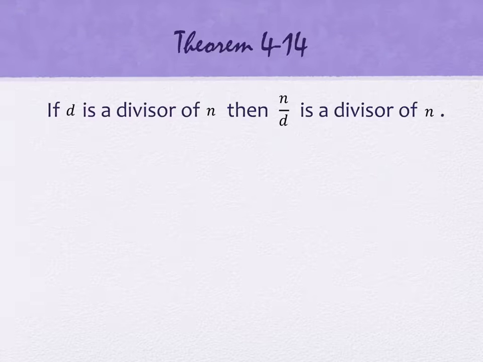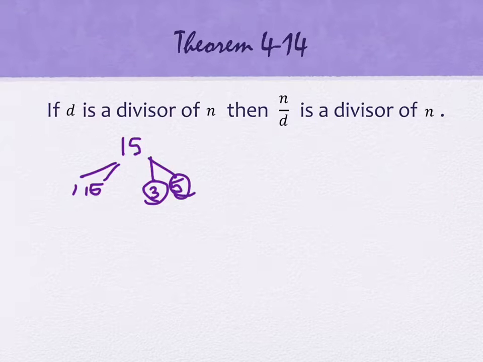So if I had the number 15, I can break it down so that it's 1 and 15, right? Like if I'm not worrying about primes, just for the moment, 1 and 15. Or I can break it down so that it's 3 and 5. But they always occur in pairs.